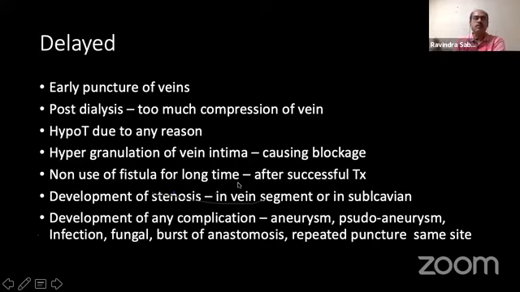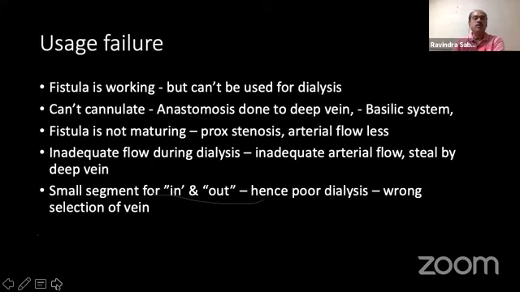Successful transplant: sometimes we have seen that it often fails automatically. Development of a stenosis in the vein segment, or higher up in the subclavian, for any reason can cause failure. And development of any complication, aneurysm, pseudoaneurysm, fungal infection, bursting of the anastomosis, repeated puncture on the same side, thinning of the vein, thinning of the skin, redness of the skin, all of it will cause failure.